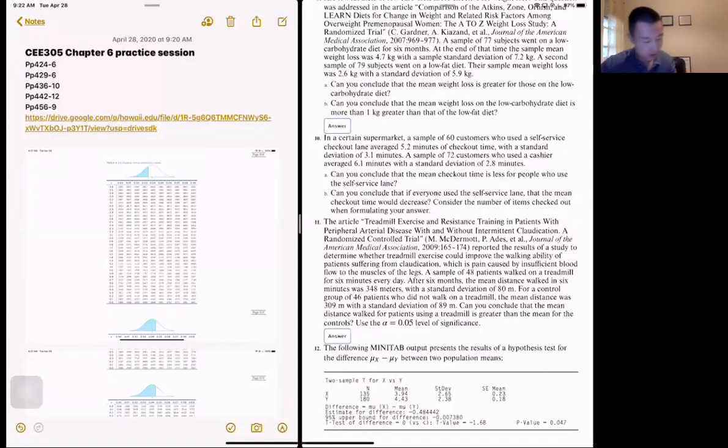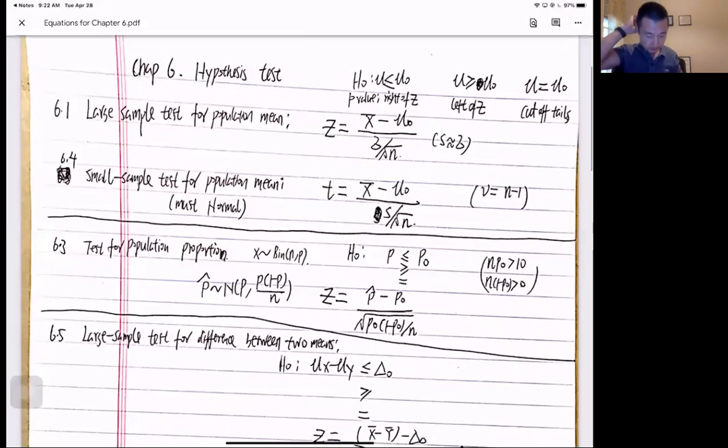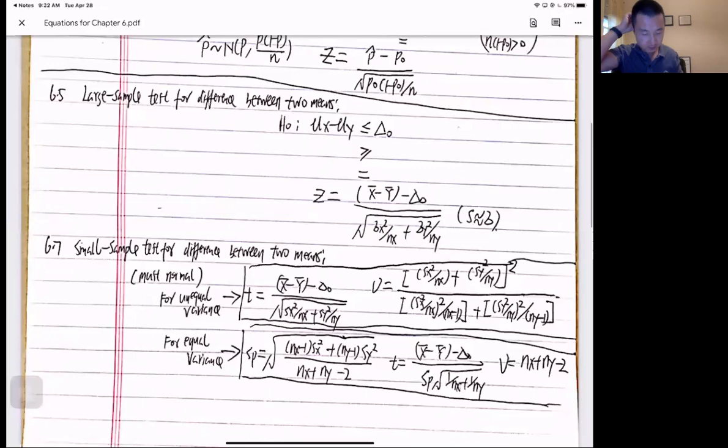The sample sizes are 60 and 72, so the samples are large. This is a large sample test for difference between two means, from section 6.5.